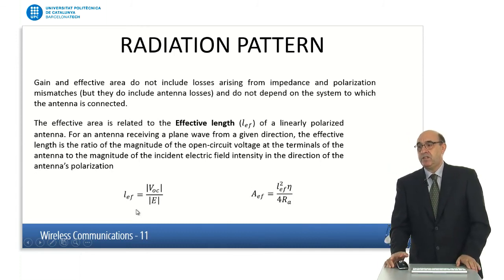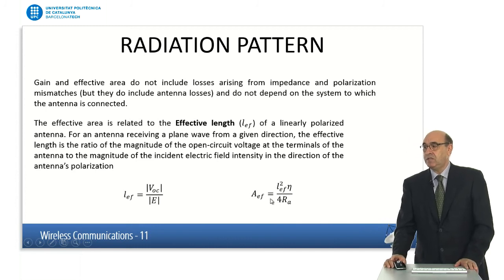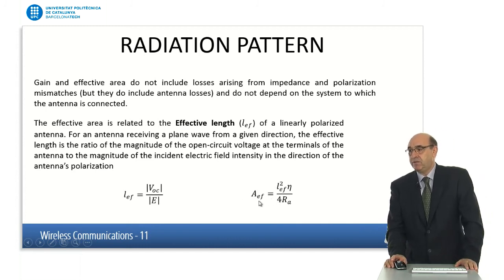This is just a definition, and here you see that the effective aperture, the effective area of the antenna, is directly related to the effective length of the antenna. This is the wave impedance, and this is the radiation resistance of the antenna. And also remember that the effective area is related to the gain.